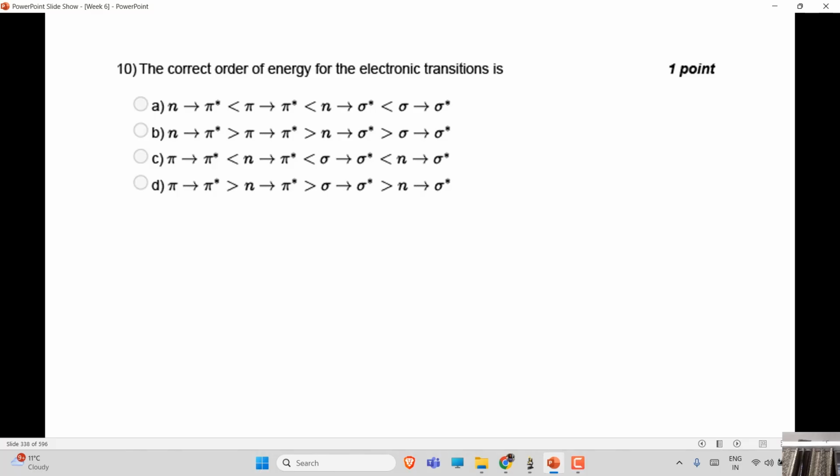We'll discuss electronic spectroscopy clearly. Let me know if you can answer the question, then we'll move on to the theory part.